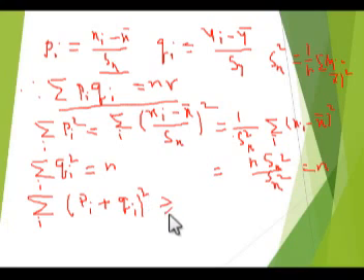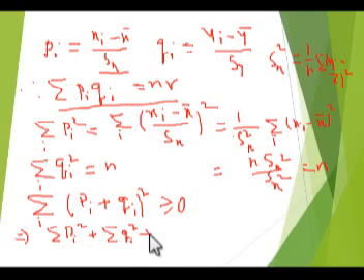It can be 0 or greater than 0. So if we break it further, then it will be summation Pi square plus summation Qi square, plus 2 summation Pi Qi.